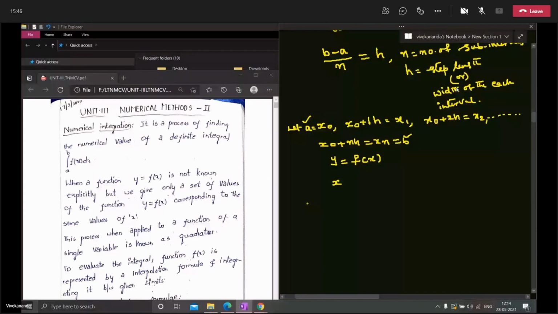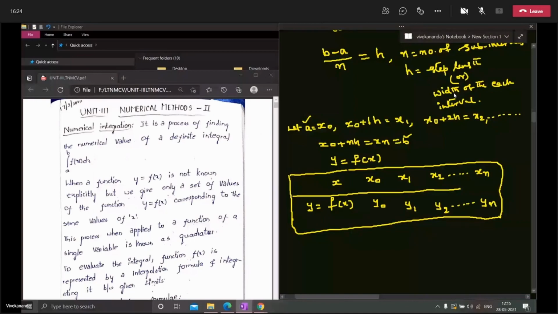So f of x0 means y0, f of x1 means y1, f of x2 means y2, and so on, xn correspondingly f of xn is nothing but yn. So this is the data. Using this data, they are asking us to evaluate the numerical integration.